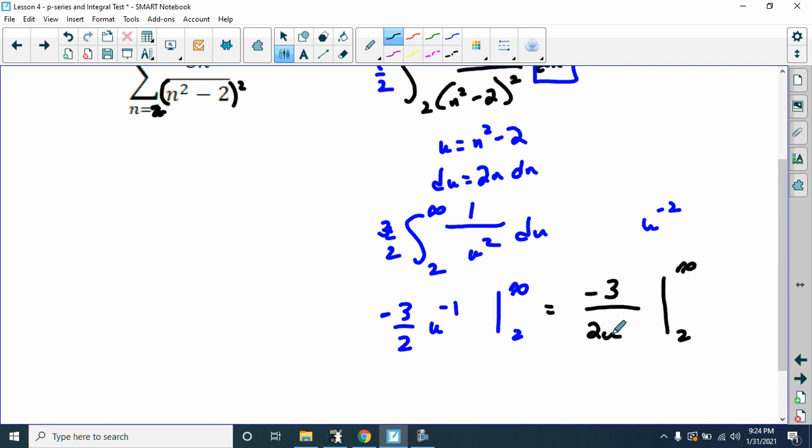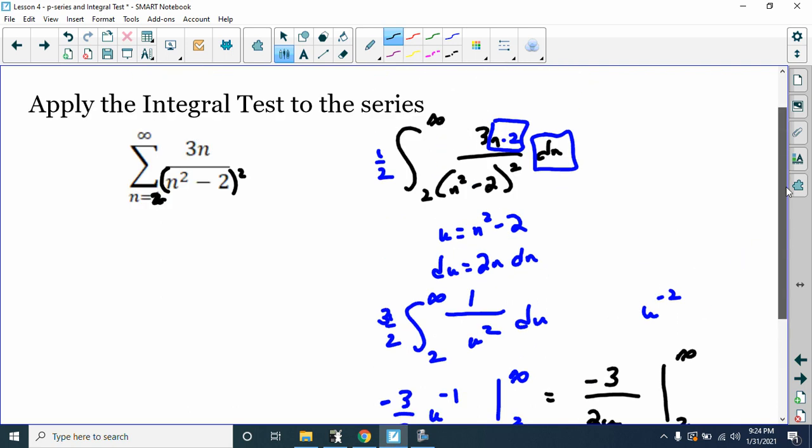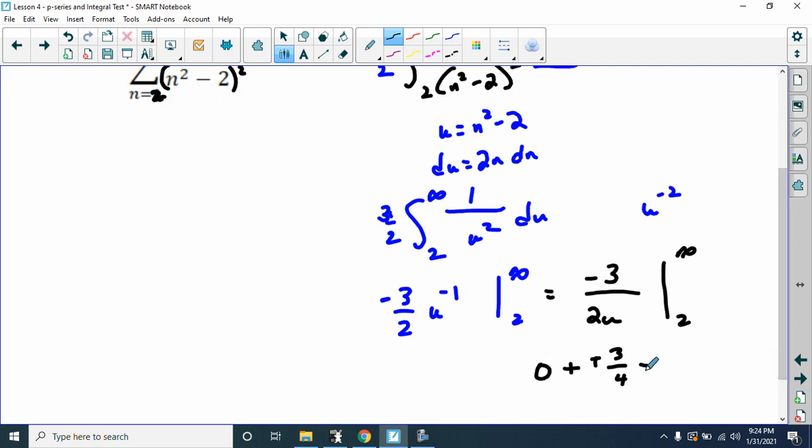Plug in the top bound. If I plug in infinity, 3 over infinity goes to 0. Plug in 2. -3 over 4. So this integral gives me 3/4.